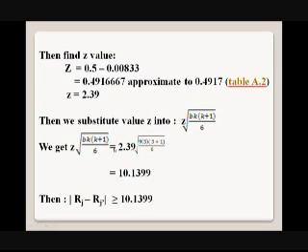After we substitute, we get z times the square root of b k times (k plus 1) over 6 equal to 10.1399. Then the absolute value of Rj minus Rj prime must be greater than or equal to 10.1399.